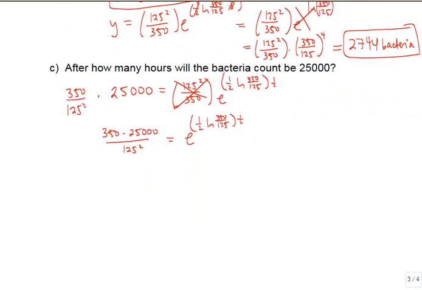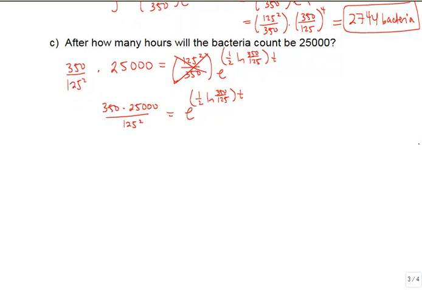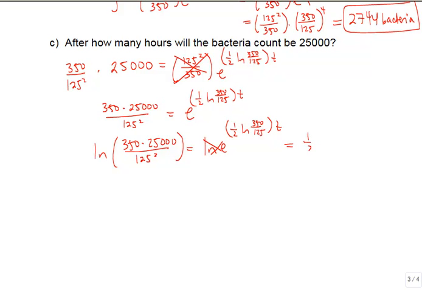Now I'm ready to take my ln of both sides to get rid of that e. So I'm going to take the ln of all of this stuff on the left-hand side, the ln and the e will cancel, giving me 1/2 ln of 350 over 125 times t.